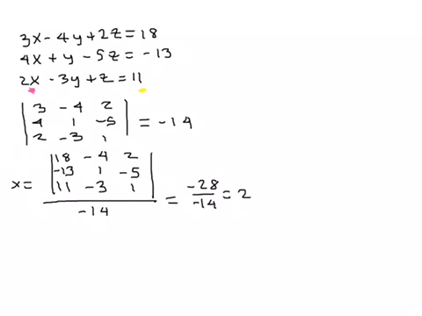Now I'm going to do the same thing for the y's. In other words, I'm going to solve for y. So in this case, I'm going to replace my y column with my answer column, my right-hand side, where that yellow dot column is. So let's do it. Now our x column stays the same as it was originally, and the y column gets replaced.